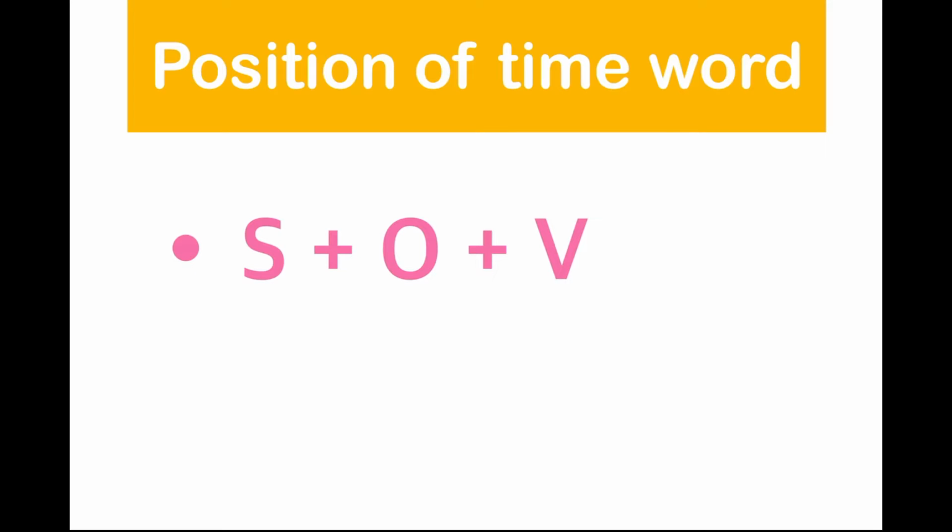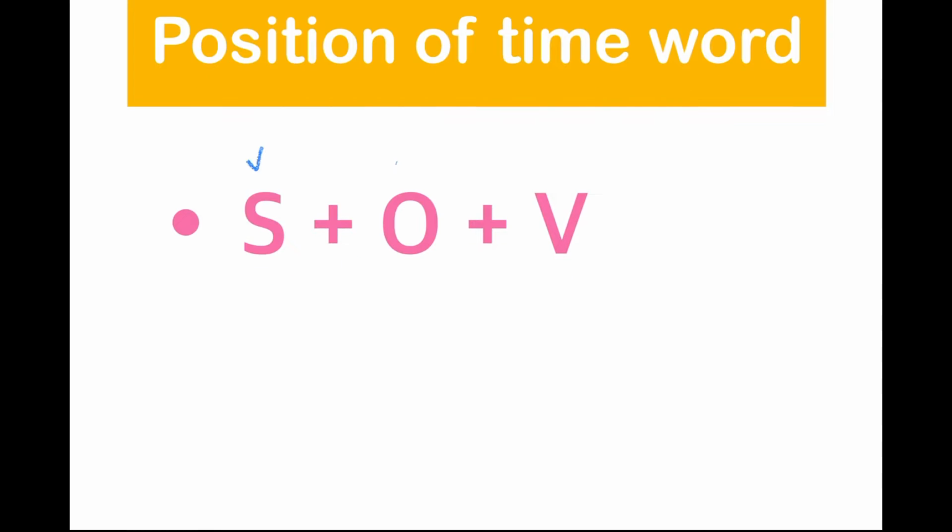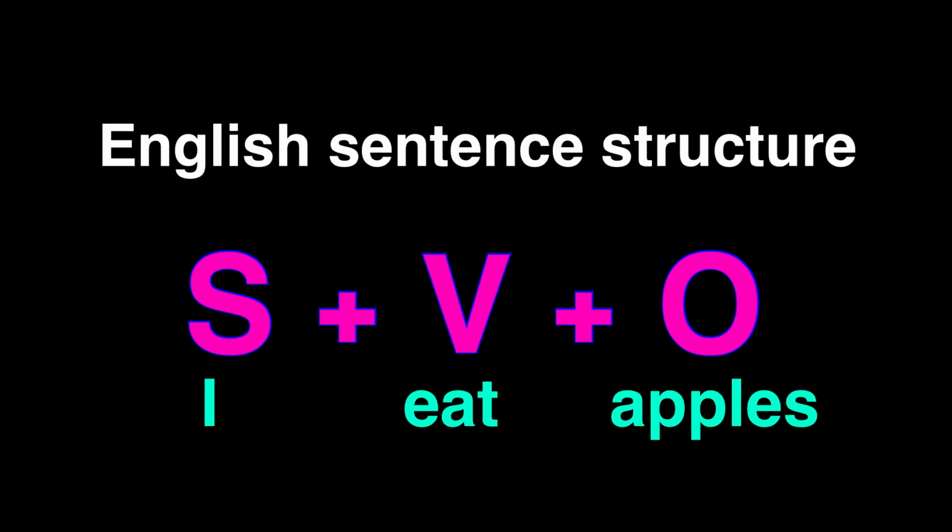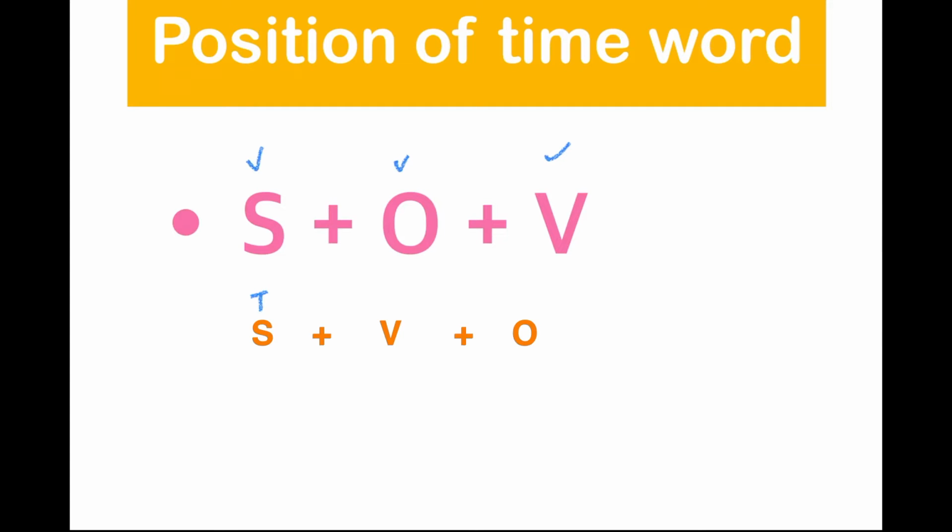So I just write down here SOV, right? S means subject and O means object and V means verb. But for example, in English we have to say like, I eat apples, right?